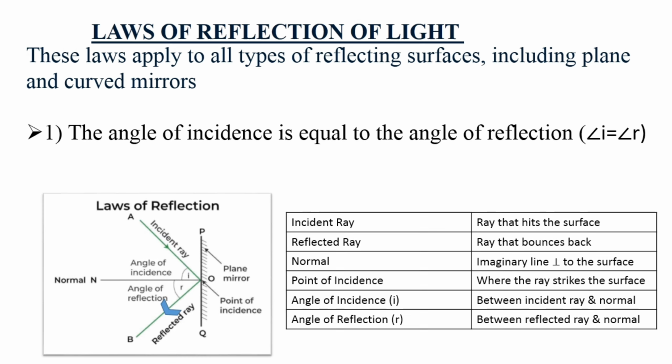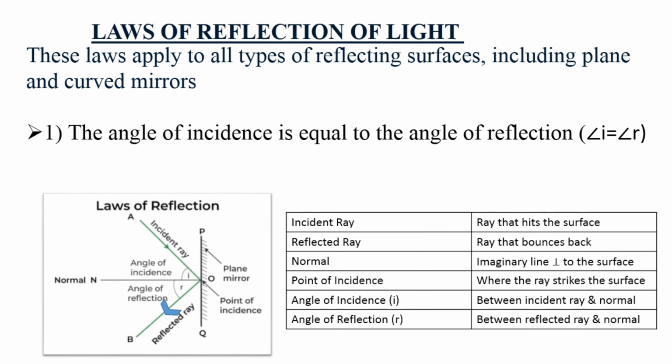The first law is that the angle of incidence is equal to the angle of reflection. This means the angle at which light hits the surface, the angle of incidence, is exactly the same as the angle at which it bounces off, the angle of reflection. So we can write it as angle i is equal to angle r.